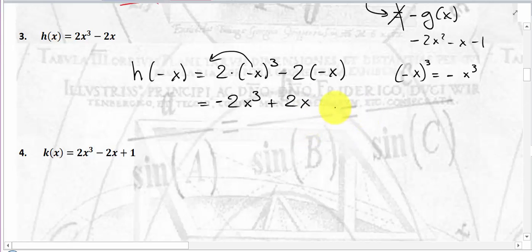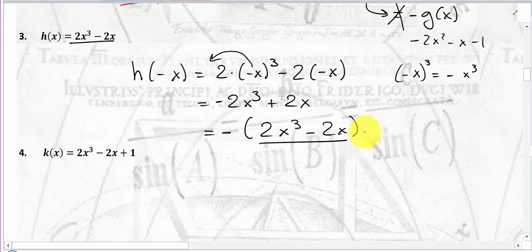Okay. Is this g of x? No, it's not g of x. Is this the opposite of g of x? Well, yes, and I could have spotted that before. I can take a negative sign out right here. If you take a negative sign out, it's negative 2x cubed minus 2x, right? And this is just h of x.